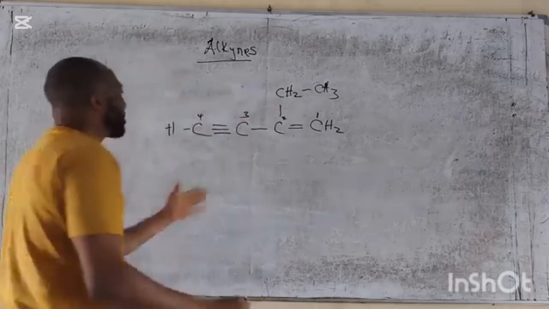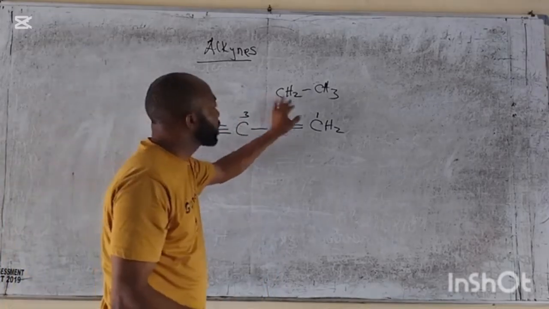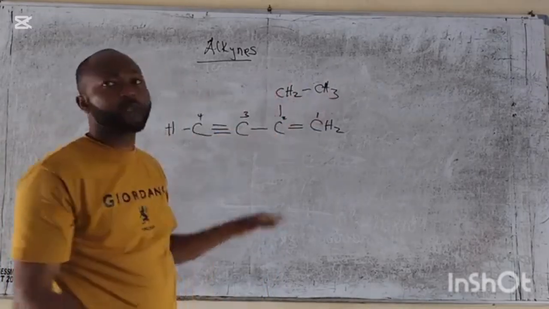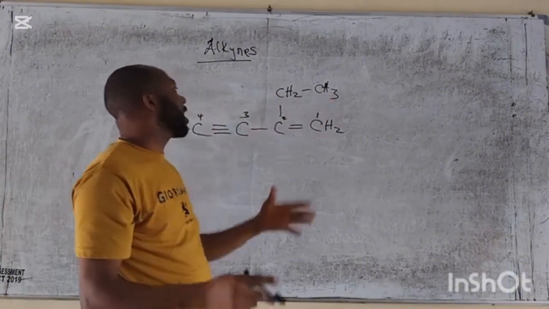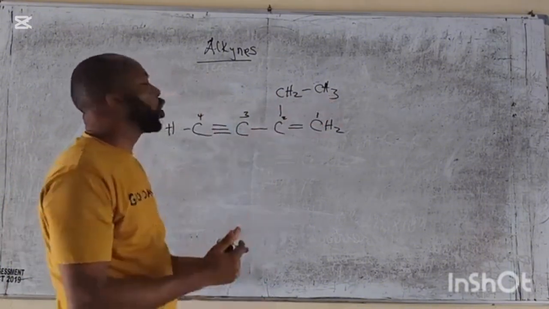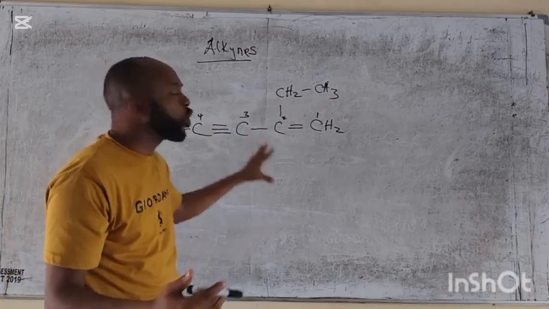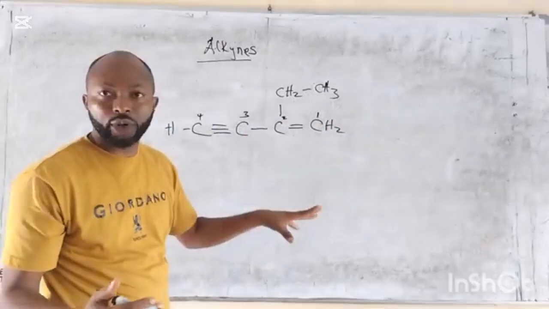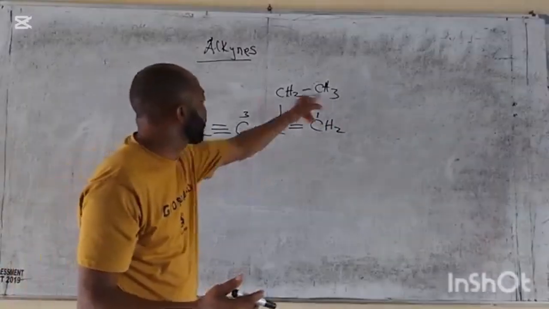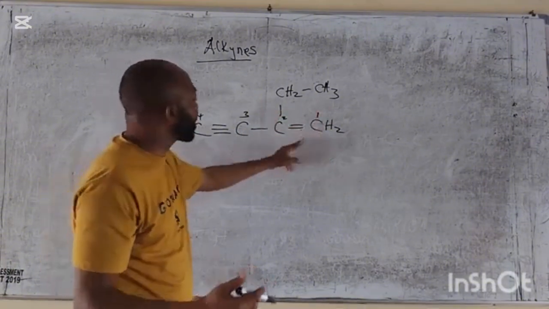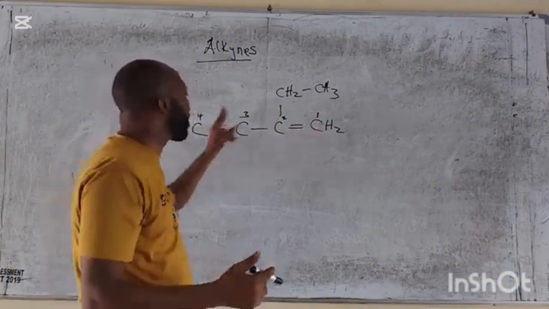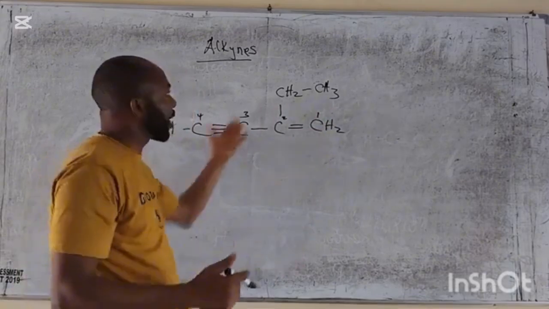Having said so, the name of the substituent here is what? Ethyl. Remember in our rules, they say we should look for the longest chain that contains the double or triple bond. If I come from 1, 2, 3, 4, or 1, 2, 3, 4, they both are 4, 4. But I'm giving precedence to this side because it contains the double and the triple bond. So this is where I go, not here.